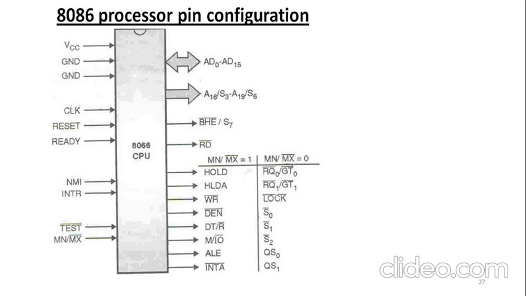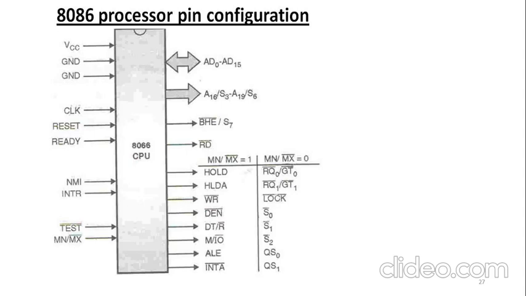For example, on the left side at the top will be power supply pins, two grounds and VCC. Then next will be clock, reset and ready signals, normally used for initialization purposes. Then next will be NMI and INTR, which are hardware interrupt pins.